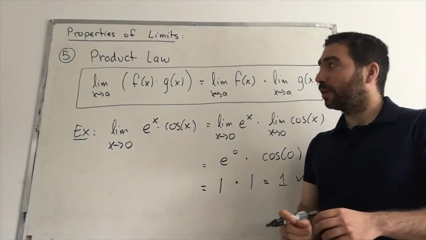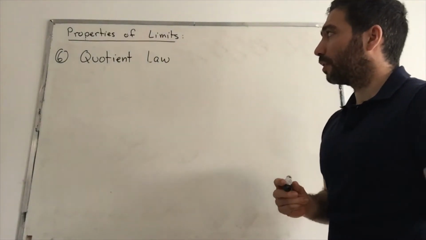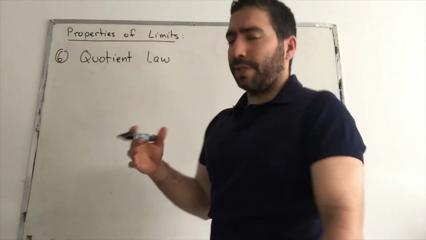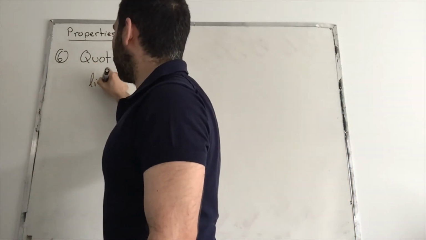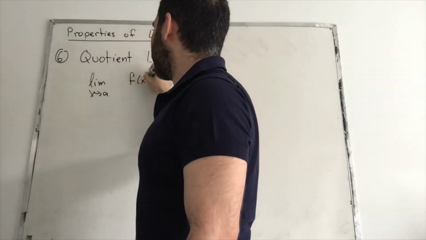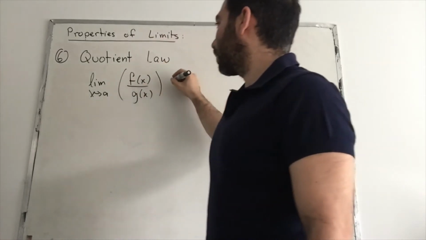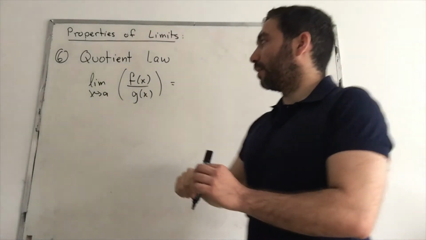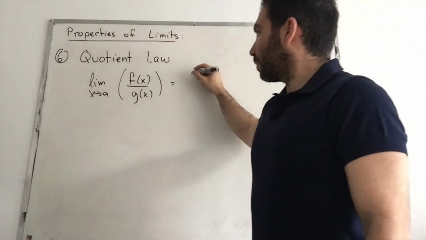Okay, so let's move on to the quotient law. So the quotient law is similar to the product law. So quotient meaning division, so we're dividing our limits. So we have the limit as x approaches a, and we have f of x, which is dividing g of x. What we're going to do is essentially take the limit of the numerator and take the limit of the denominator simultaneously.